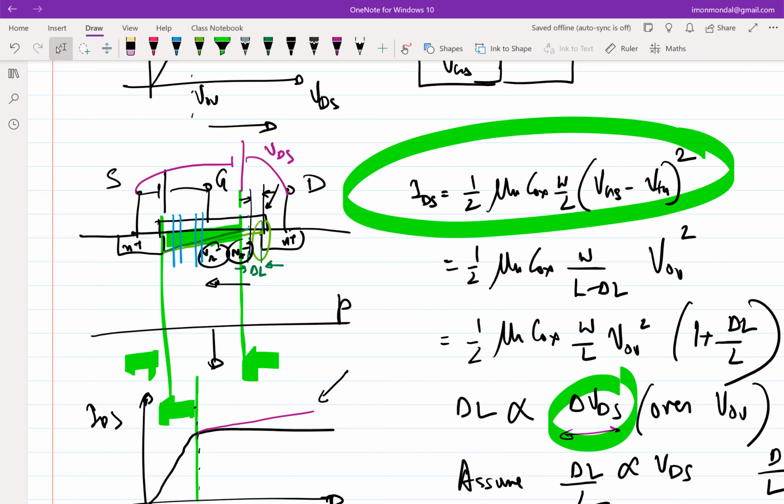So unfortunately, we cannot go there in this course, right? For all practical purposes, you can assume that the charge density remains as is. It doesn't get affected too much with respect to VDS. But you can see that the slope has changed. So essentially, you can relate this extra current by the change in slope.